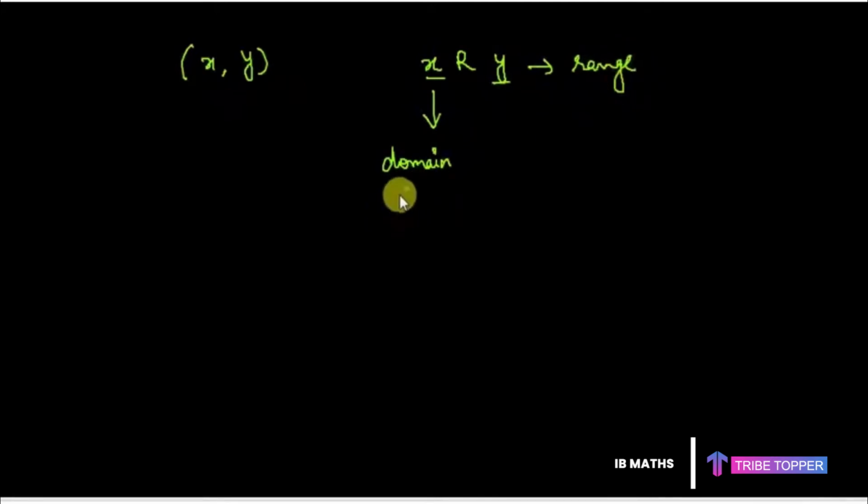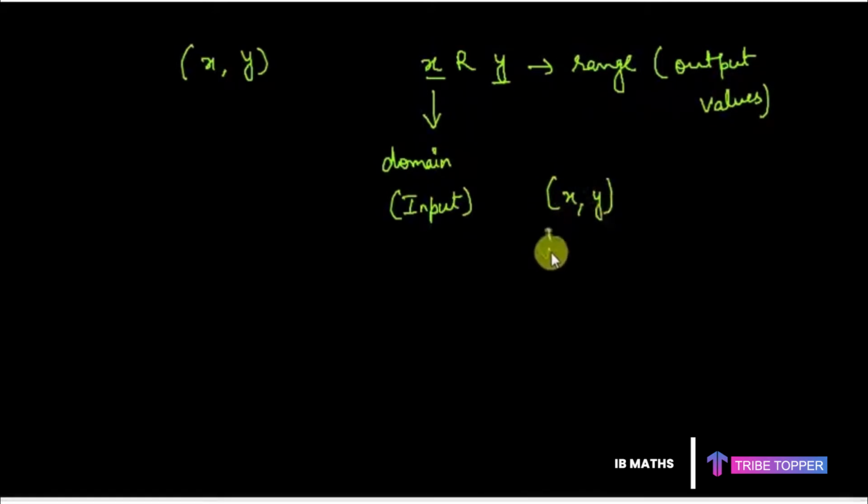So domain is the input, whatever values of x you go on substituting, and you get some values of y. So y is the output values. Output values are the range and the input values are the domain. Or out of x and y coordinates, x represents the domain and y represents the range of a relation.